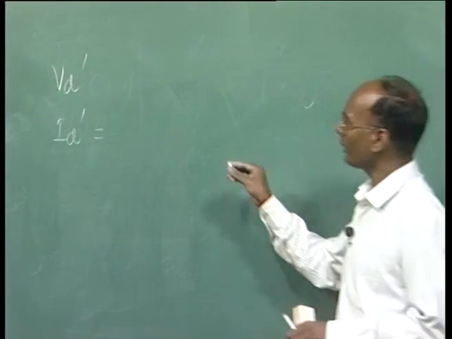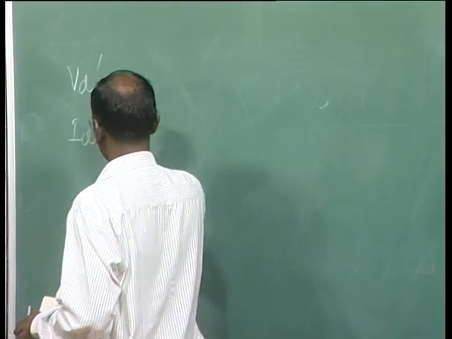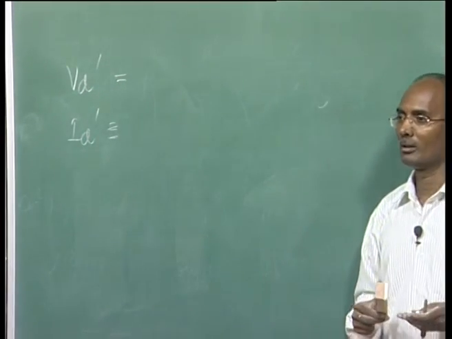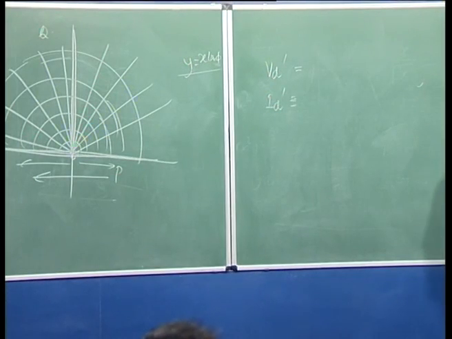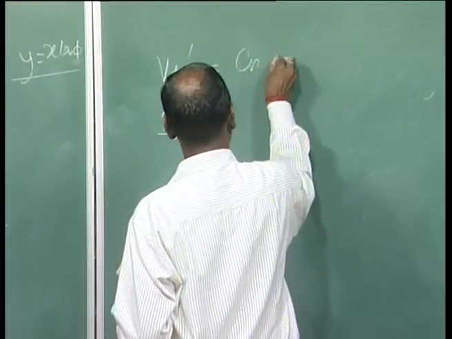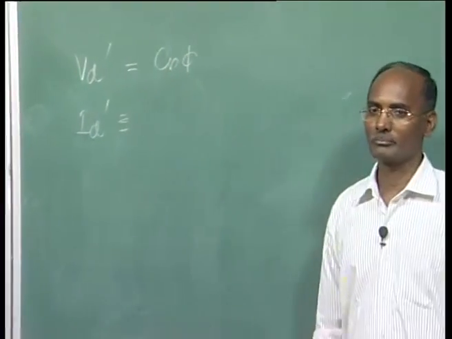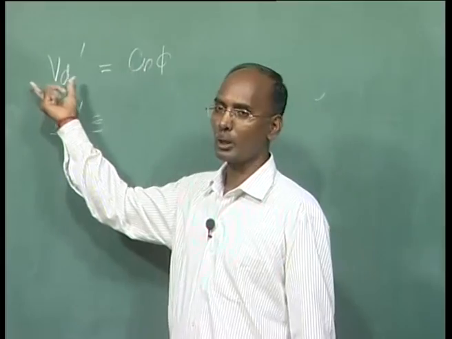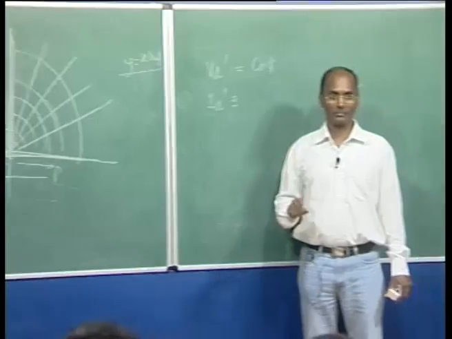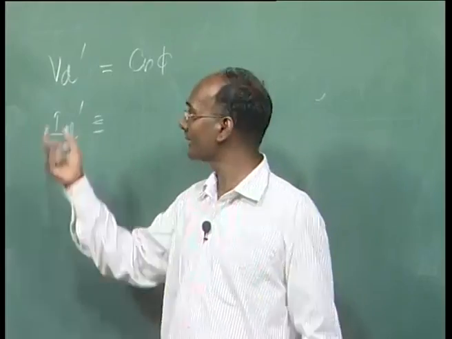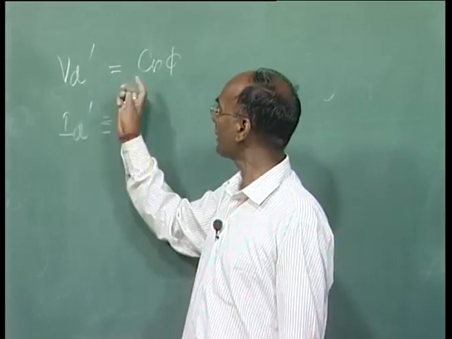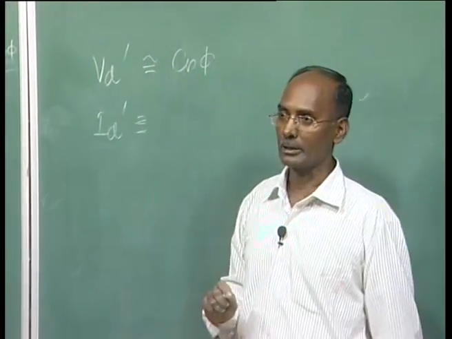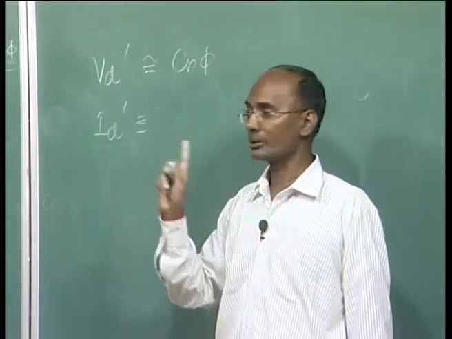Now what will be your VD prime? It is approximately cosine phi. To remember, cosine phi is equal to y, which I wrote when I was drawing on the VD current and voltage axis. So that was equal to your VD prime. VD prime is approximately equal to the displacement factor here, because we are not considering the overlap angle.